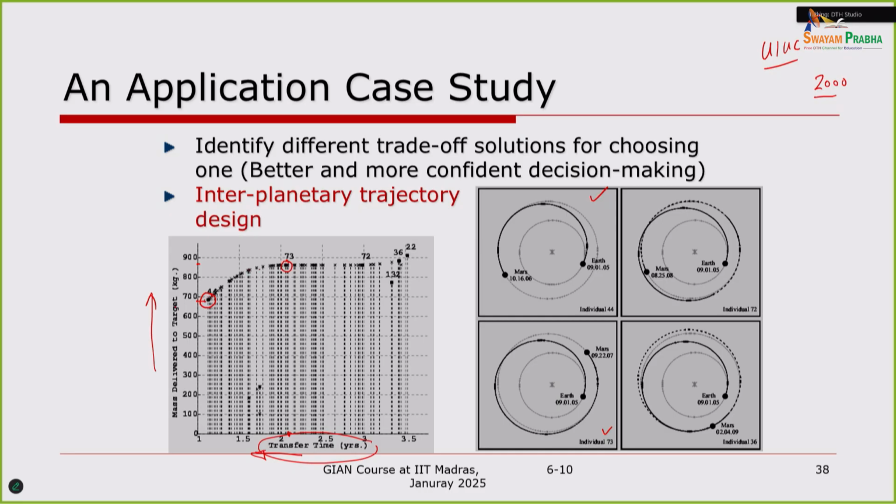So if you can find these alternate solutions, the mission managers are not actually running the optimization; a subordinate is going to run this, go with these 4 or 5 solutions to the mission manager saying these are the solutions I found, pick one. The mission manager has his own goals in mind, sees how long they can wait, when they can deliver, and decides based on this. This is the power of multi-objective optimization.